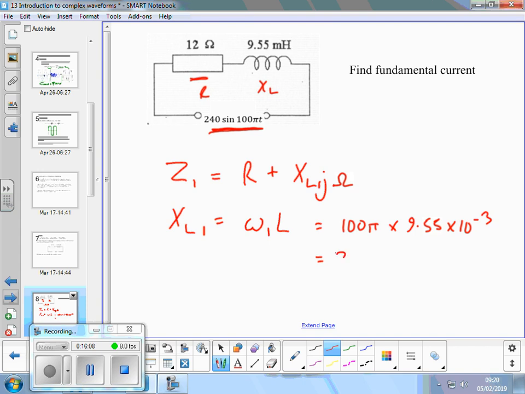Three ohms. Picked them numbers well, didn't I? Therefore, Z1 is equal to 12 plus 3j ohms.